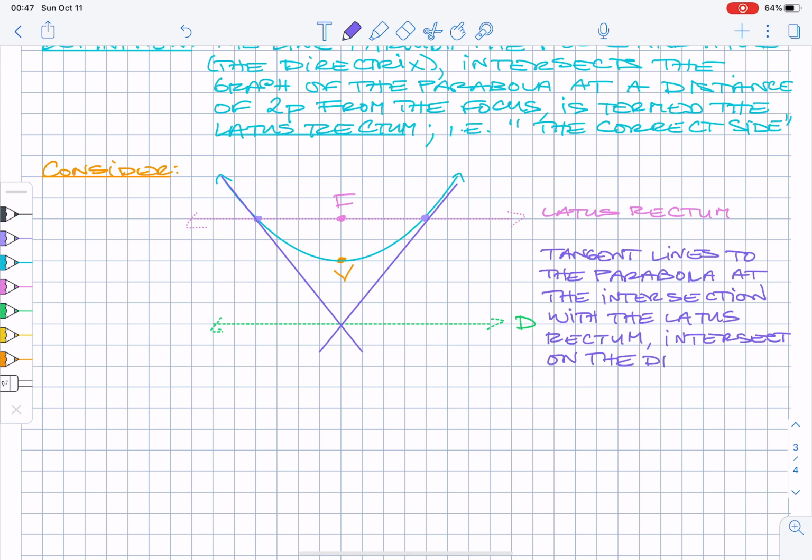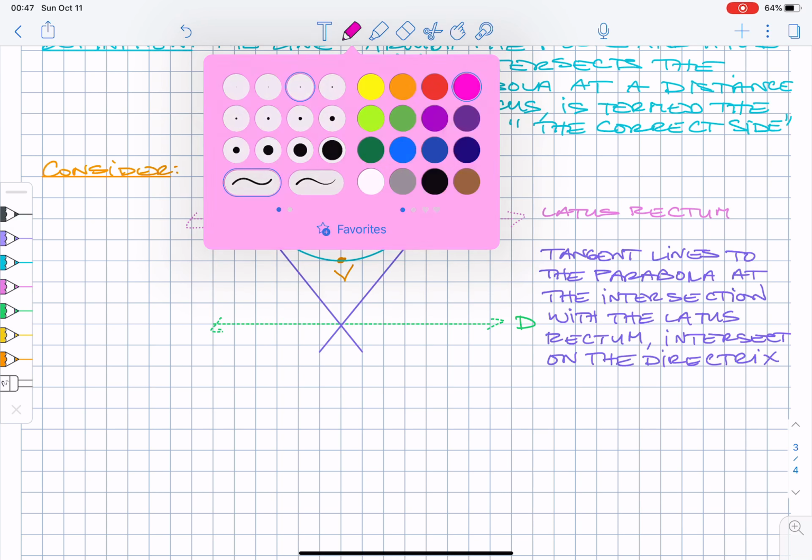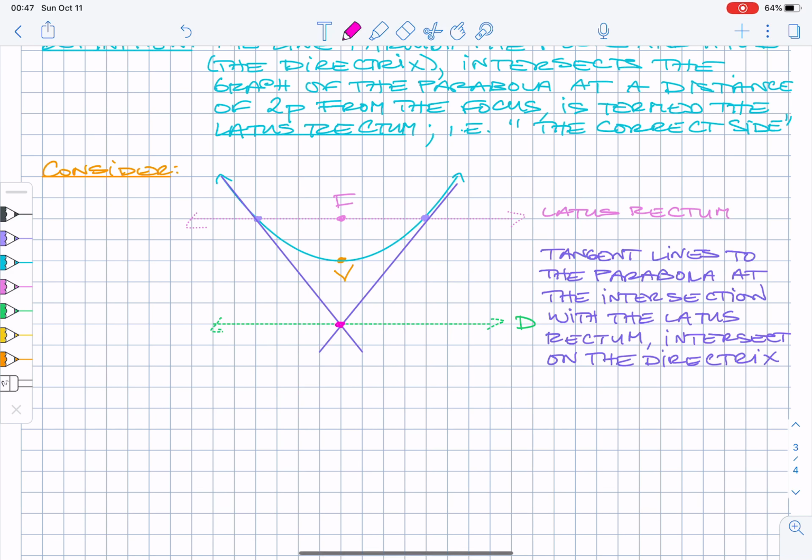If it were drawn correctly, you would be able to more clearly see that. So they're going to intersect both tangent lines on the directrix. Okay, which is kind of interesting.